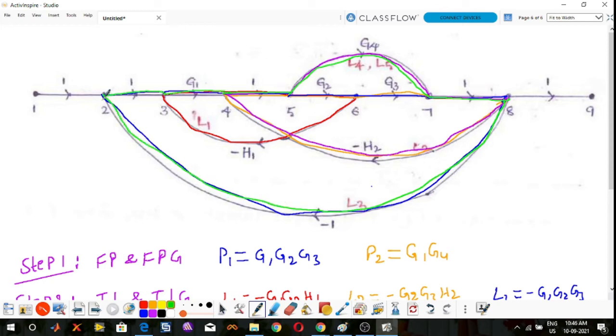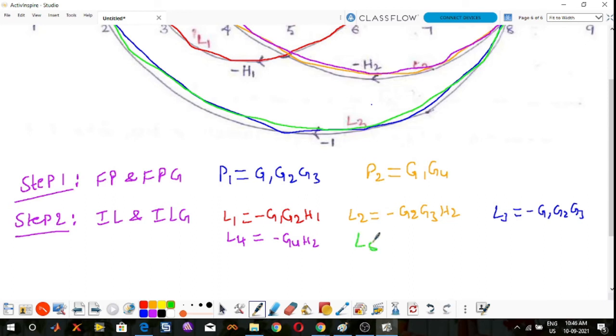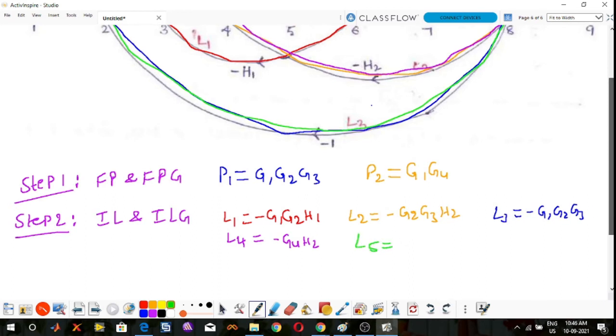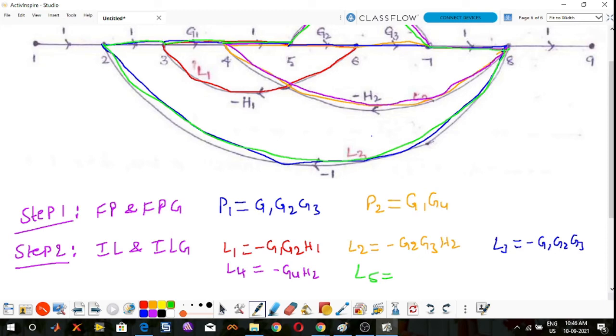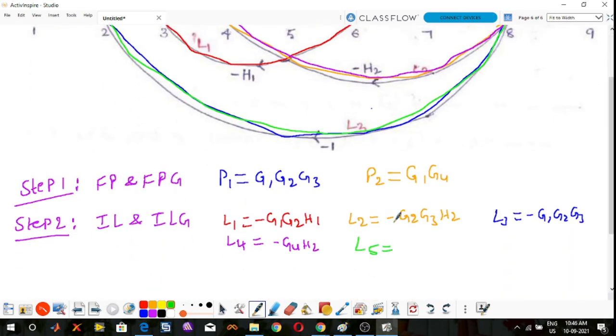And this is the fifth individual loop and its gain is denoted as L5, which is equal to the product of branch transmittances, that is 1 into G1 into 1 into G4 into 1 into minus 1. So L5 is equal to minus G1 G4. And this is the second step, individual loops and individual loop gains.